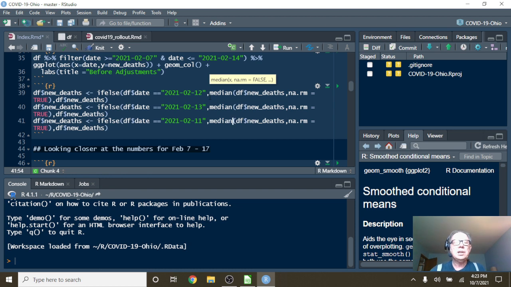So that's median. A median is what's called a robust statistic. It's called robust because it isn't as affected by the range of data within it. In this case, it isn't as affected as an average would be for deaths over the entire data set.